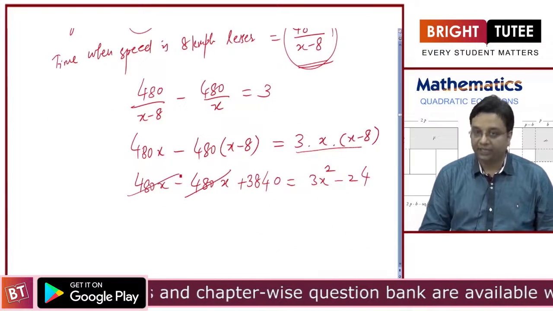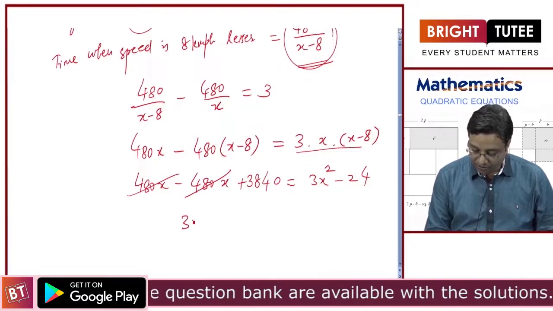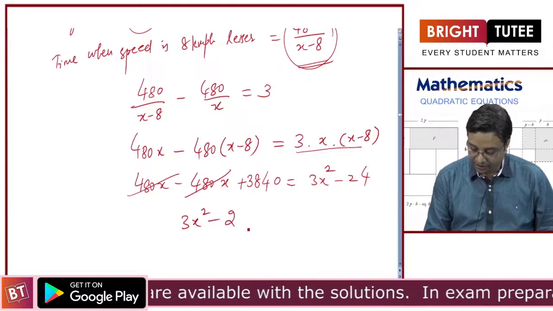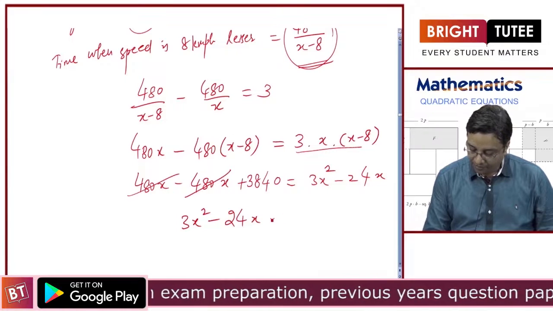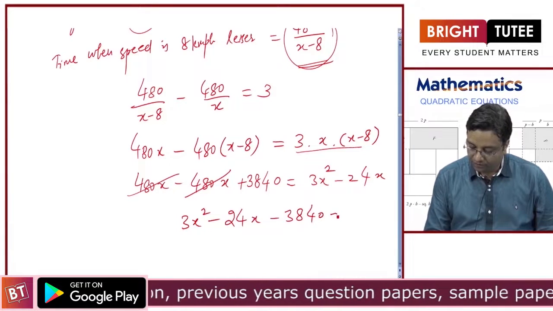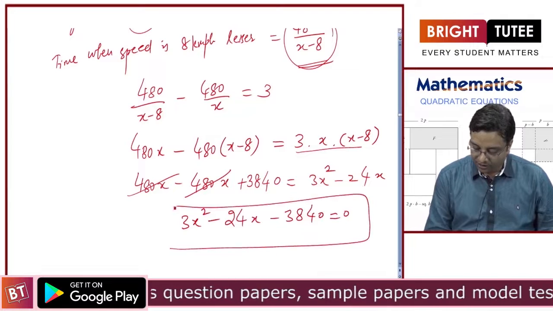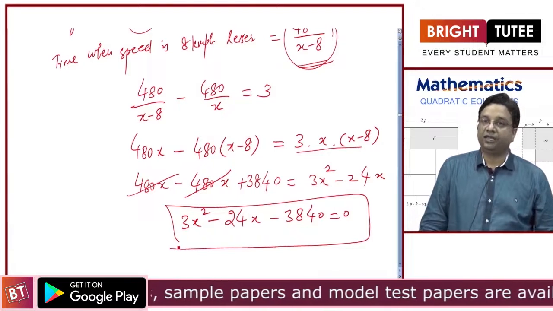This 480x gets cancelled. So 3x square minus 24x minus 3840 will be equal to 0. So this is the representation we are looking for.